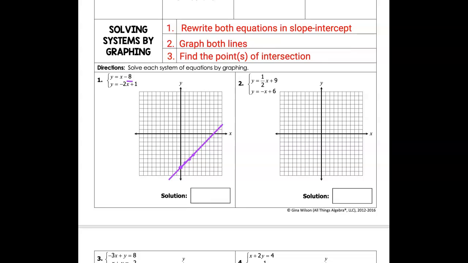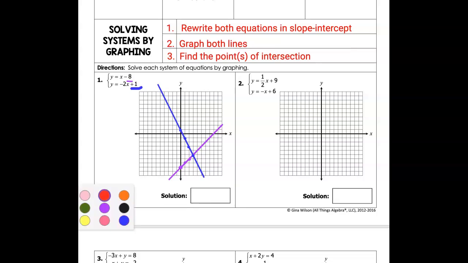And then we're going to do the same thing with this next one. So we'll start up at 1, put our first point, and then our slope is -2. So from there, down 2, right 1. Down 2, right 1. And then we connect those dots. The more dots you draw, the more accurate your lines will be, and it'll be easier to see where our lines cross, if they cross.